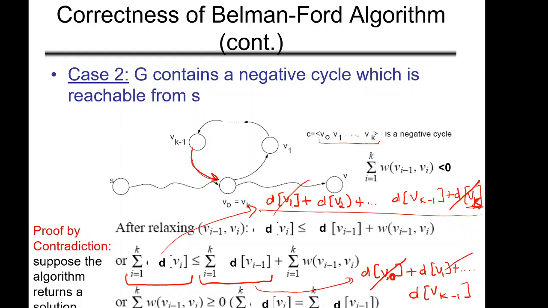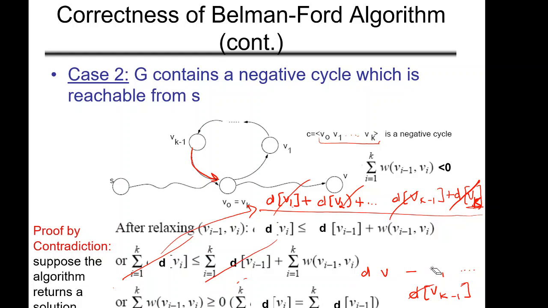Similarly we can keep on removing all the terms. Both of these terms cancel each other because they are the same and they are on opposite sides of the inequality. In the end we are left with only this.